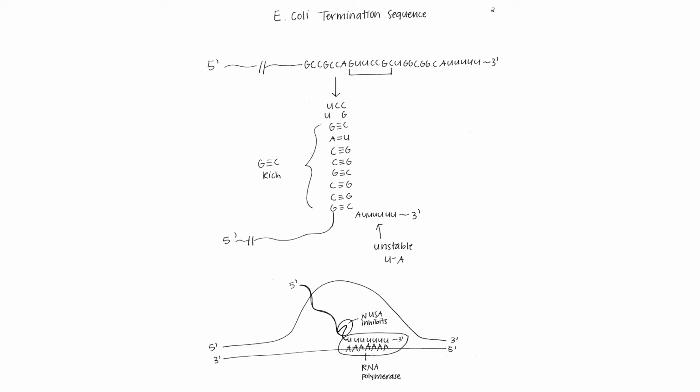And at the top, there's a loop, which is U, U, C, C, G. And then the base pairing is GC, AU, CG, CG, GC. Lots of G's and C's, and that's one of the important parts of this signal. So this is a GC-rich stem loop, and that's followed by A's and U's, and then it's the 3' end.